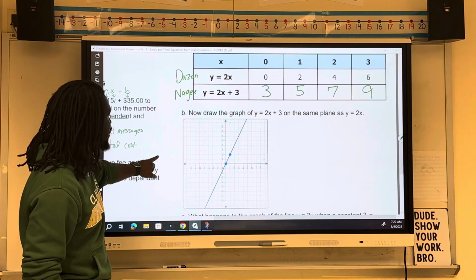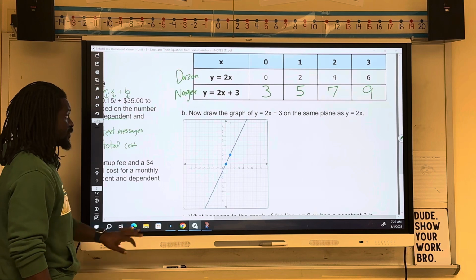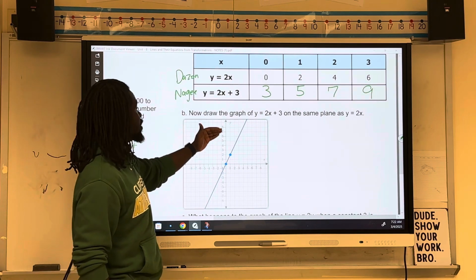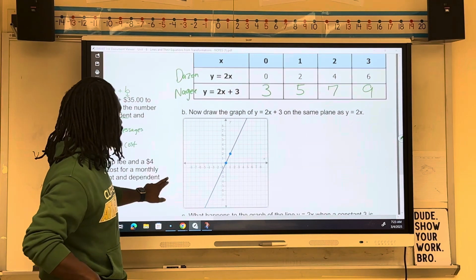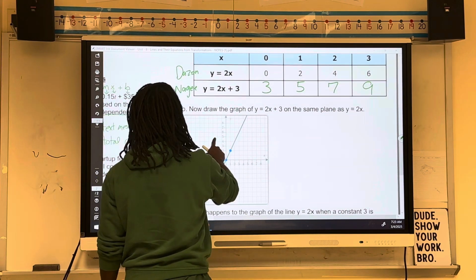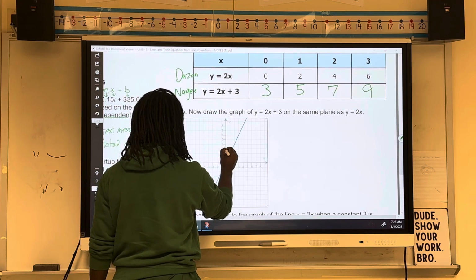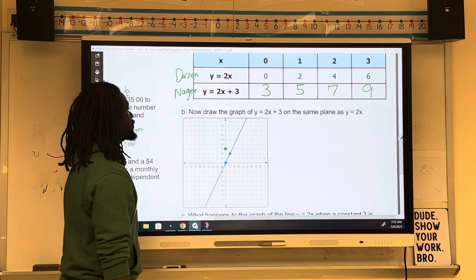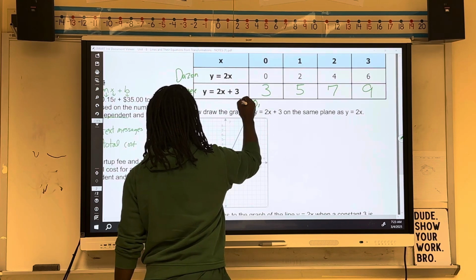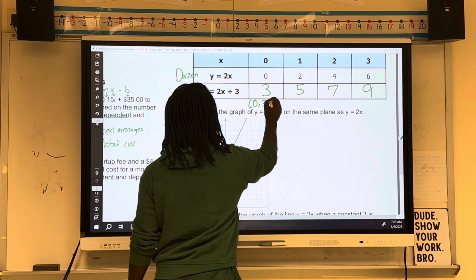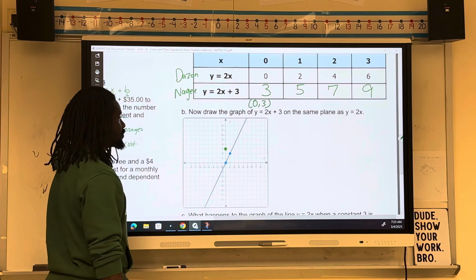And so now what I want us to do, this is already drawn. Now we're going to draw Najee's graph and look at it and see what's the relationship. Okay, so on day 0, Najee starts at (0, 3), because he already had 3 Blair bucks.